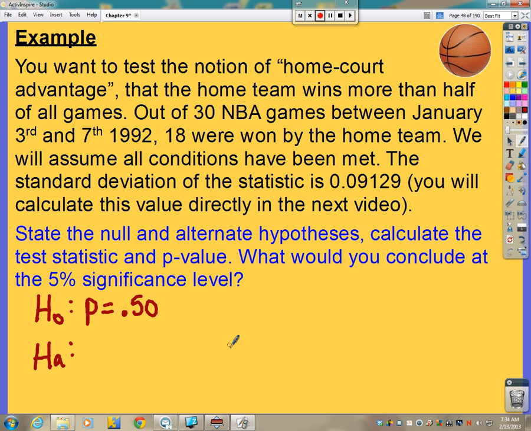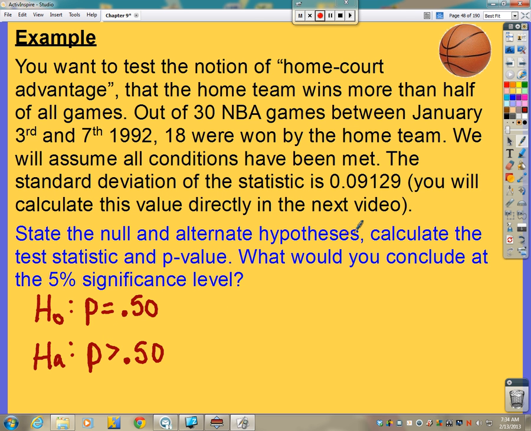That winning at home and winning away, you still have a 50-50 chance. But if there is such a thing as a home court advantage, then we would expect to win more than 50% of our games. So this is what we want to try to show. We want to try to have enough evidence against that it's really 50-50 in favor of that it's really more than 50 for a home court advantage.